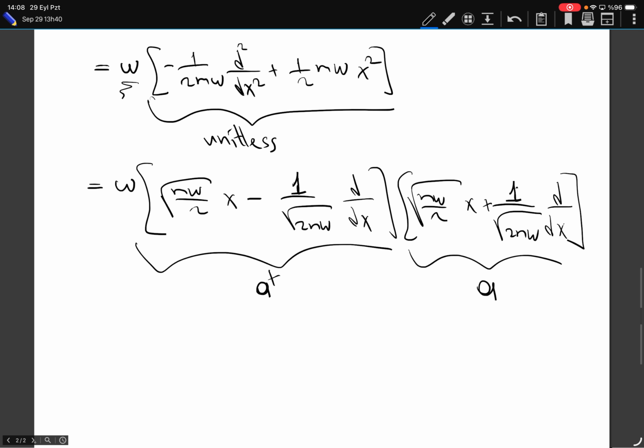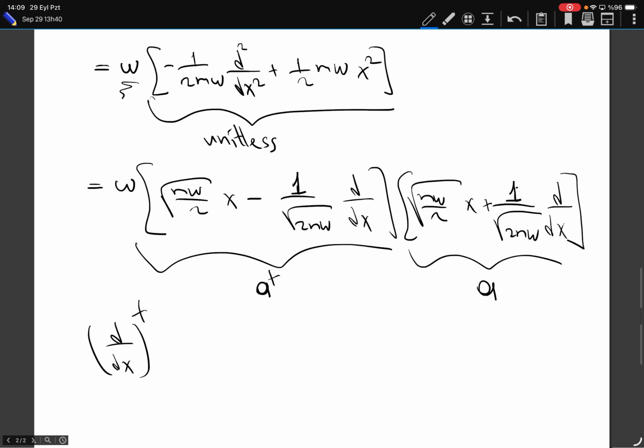One is the Hermitian conjugate of the other one already. Because remember, del over del x is not a Hermitian operator. It's an anti-Hermitian operator. And how come they are Hermitian conjugates of each other? What is the Hermitian conjugate of del over del x? Minus itself.